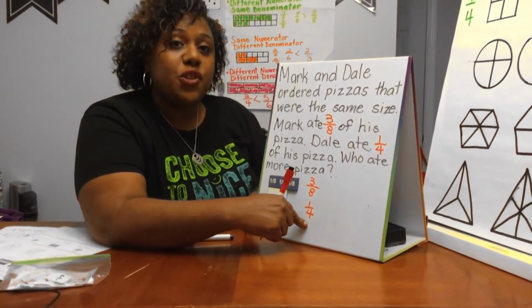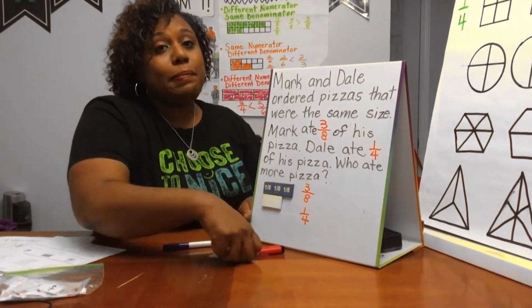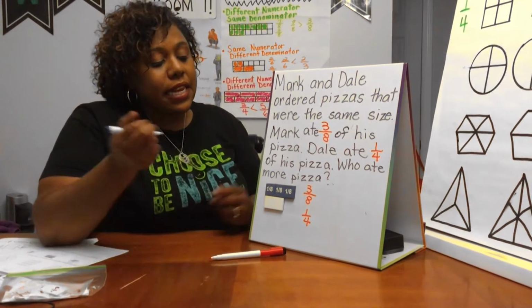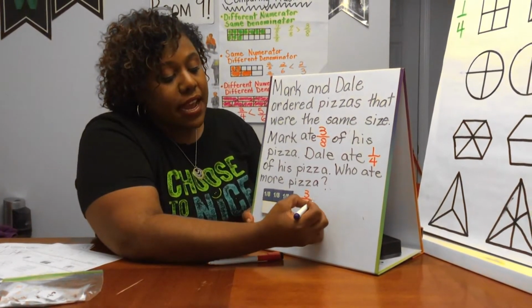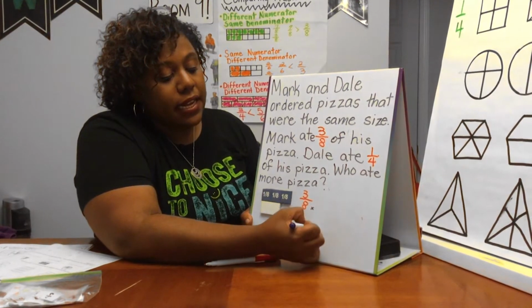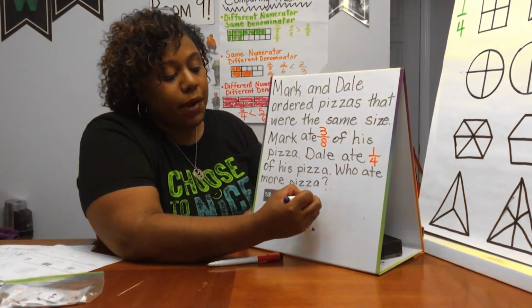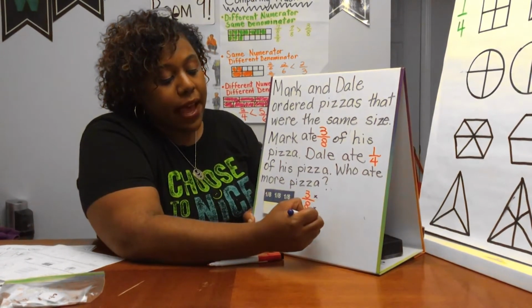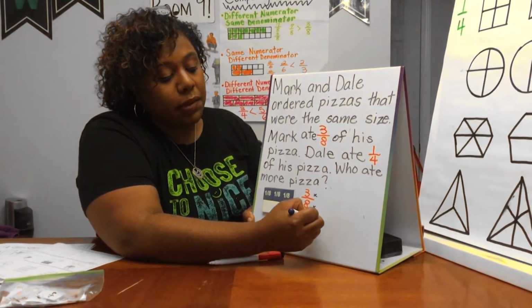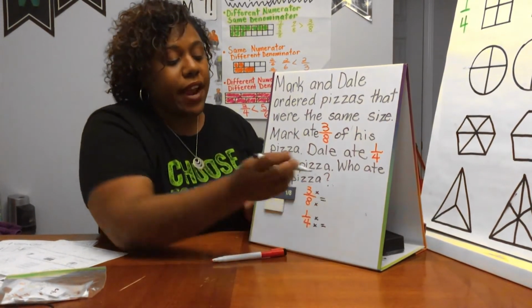We need to get the denominators to be the same. We need to get them to be the same. And in order to do that, we're going to have to multiply the denominators by a number. And whatever we multiply the denominator by, we are also going to multiply the numerator by. And they're going to give us an equivalent fraction.